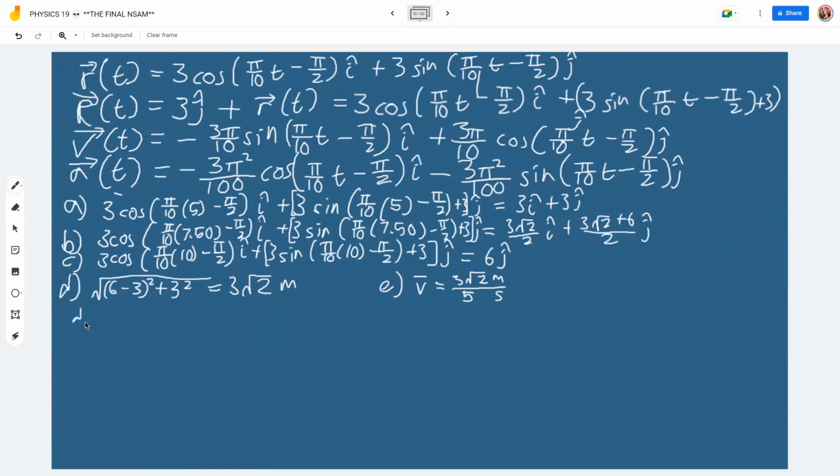Yan, yung sulat mo sa letter D, that looks like the magnitude of the displacement or the distance. Pwedeng delta tapos r. Tapos lagyan mo lang ng delta r vector. Tapos para mas specific na ano yung times involved, pwedeng gawin mo subscript 5 to 10.